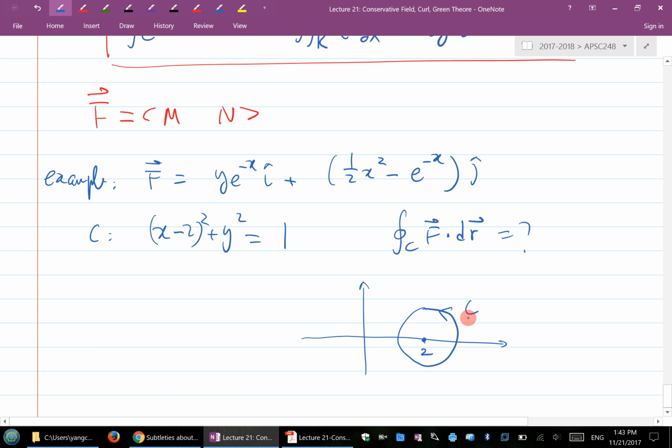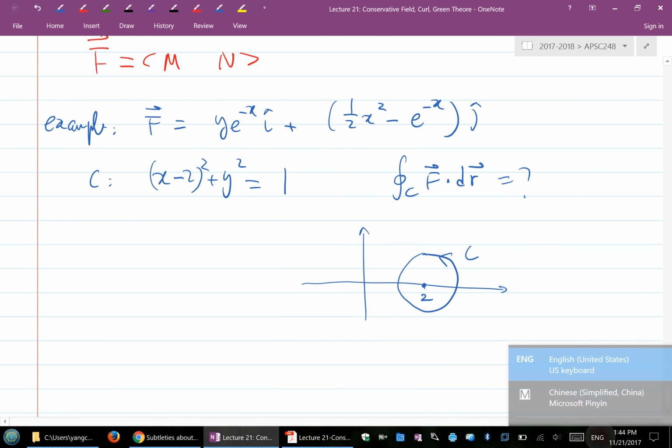You can certainly evaluate this vector line integral the traditional way: take a parametric equation of C, replace x, y with the parametric equation, and then do all the rest of the work, right?